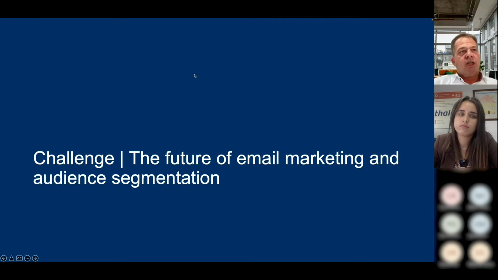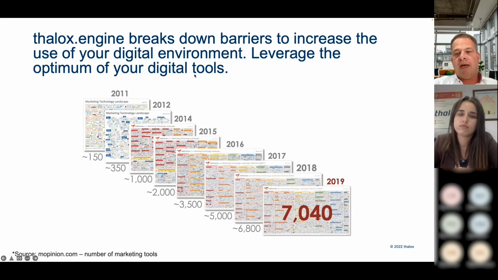So the challenge, the future of email marketing and audience segmentation, really starts for me in the past. I'm in business after my studies of economics since 2000. When I started my career, content management systems were the top trend.